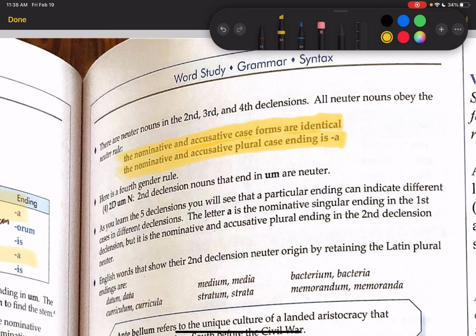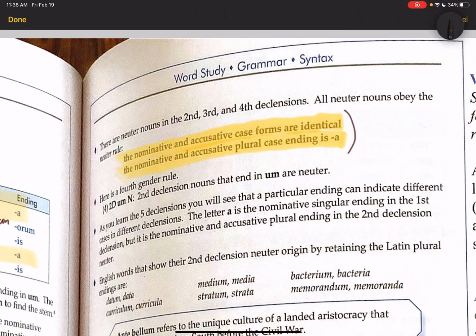So this is always true no matter what declension, what family a neuter noun belongs to. It always has to match in the nominative and accusative, and the plural nominative and accusative have to be a endings.